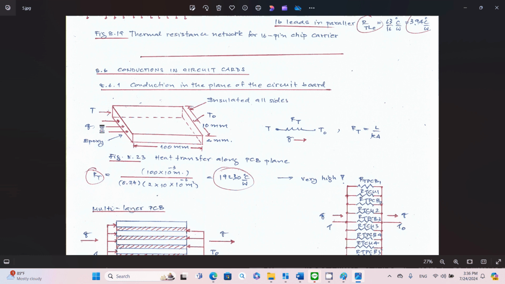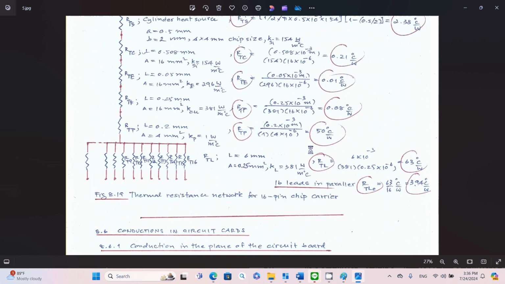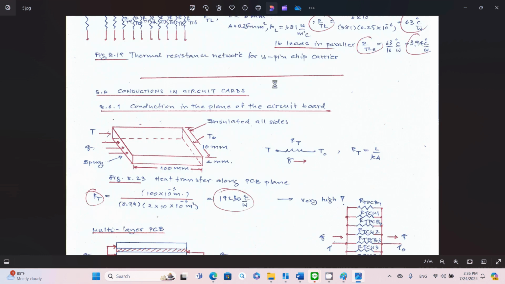Simply apply the equation RT equal to L over KA, where K is the K of the epoxy, or the PCB. You can see that this is very high, of course, because the K of your PCB or epoxy is 0.26, very low.